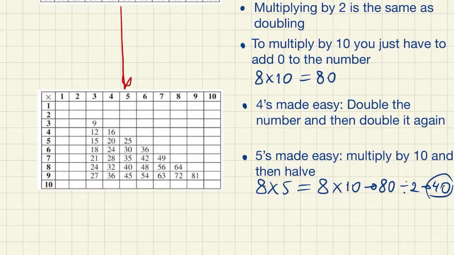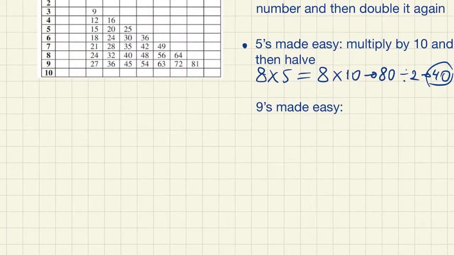And one more thing is 9s made easy. We can also make 9s really easy to remember. And for this, I have a small picture for you. So 9s made easy.